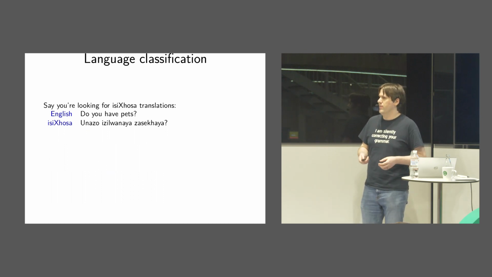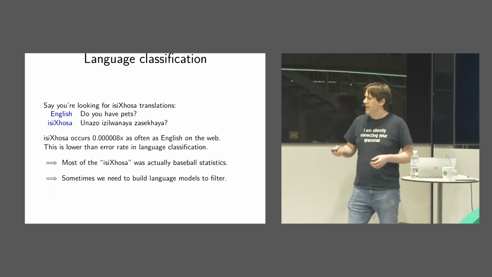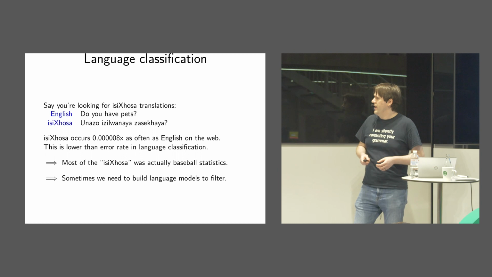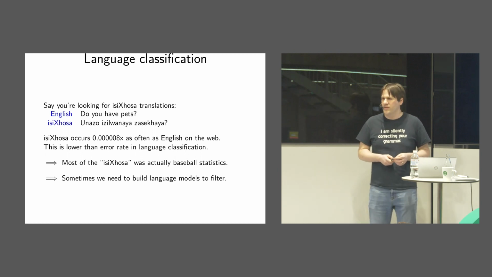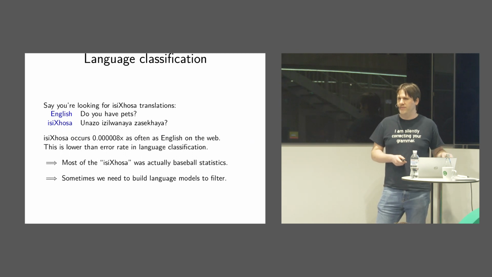Even monolingual data would have been helpful. Problem is, that's the fraction of the time, 0.000 something, that Xhosa appears on the web relative to English. And that number is lower than the classifier's false positive rate.